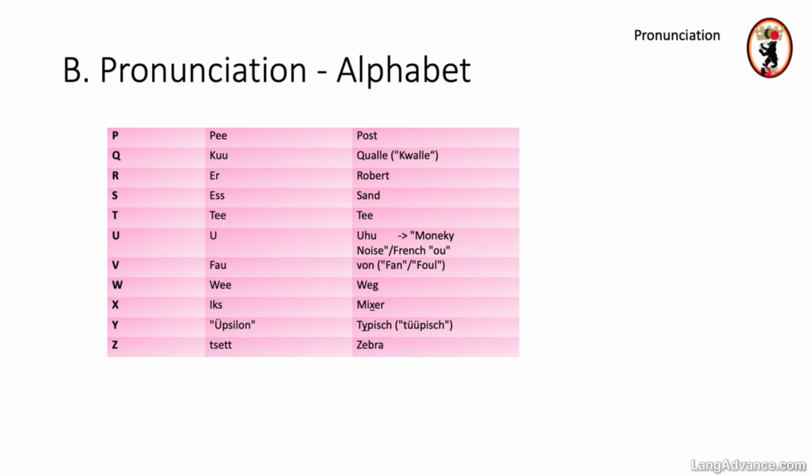W, Weg, path, and your teeth have to go on your lip. W. X, mixer, blender. Y, typisch, typical. Z, zebra, and again we have the TS sound. So you want to channel your inner snake. Z.